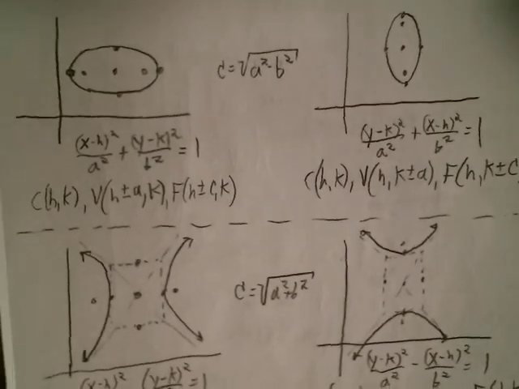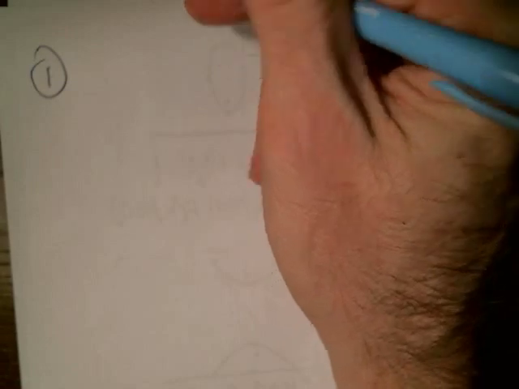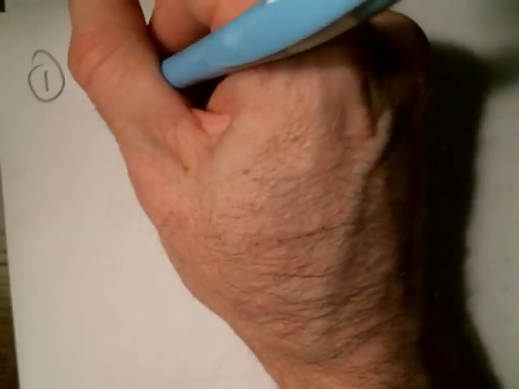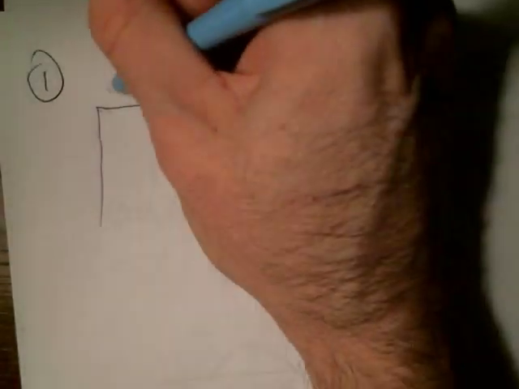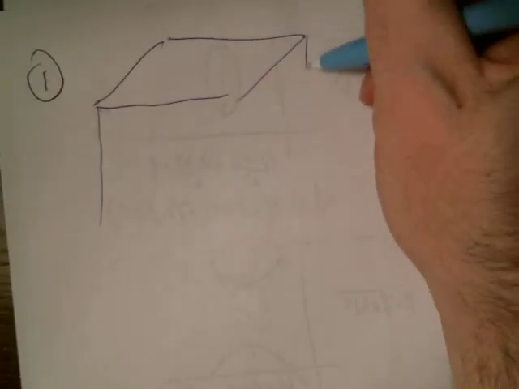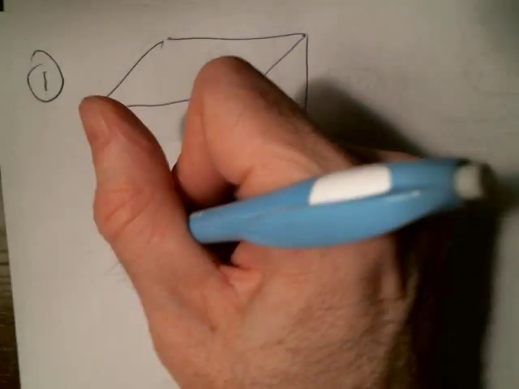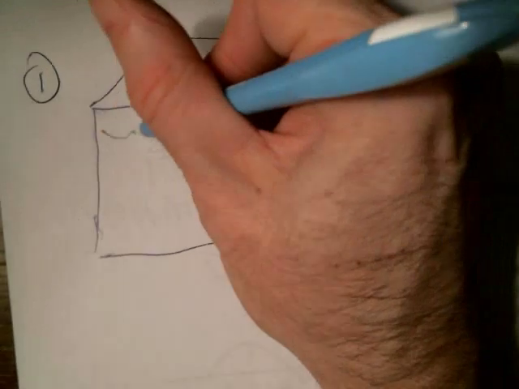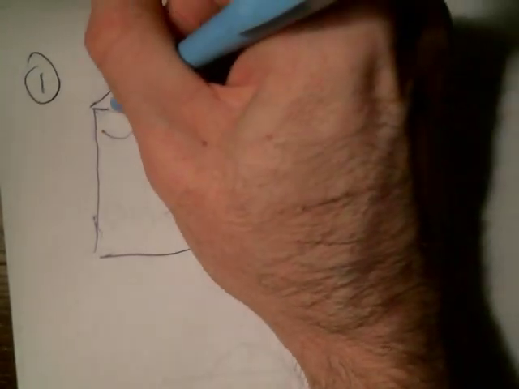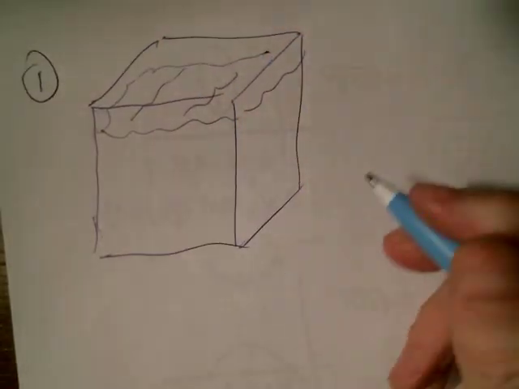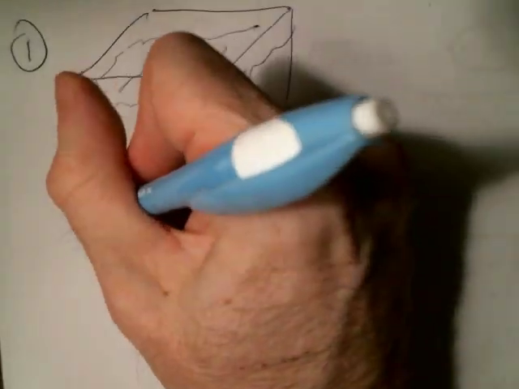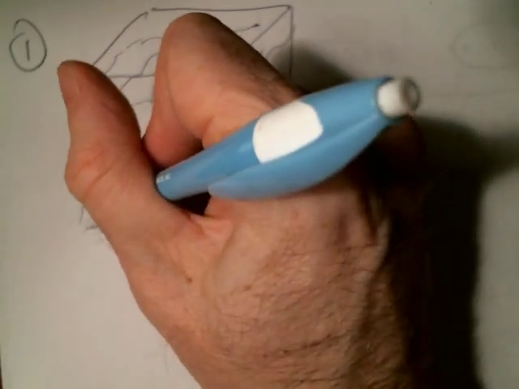So maybe let's take a look at problem 1. They're telling us to find the fluid force on this metal sheet that's submerged in water. So we have maybe a tank of water like this, and at the bottom of the tank there's this metal sheet.